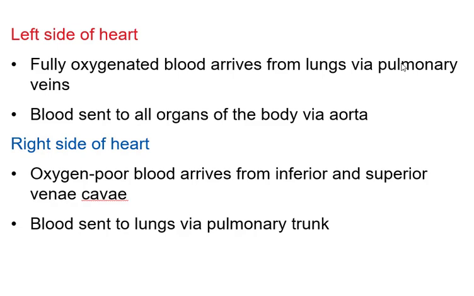So both halves are working at the same time, but they're doing something completely different with the blood. So maybe pause this recording and think about, okay, what's going on, what's going where? Because you really need to know how the heart is plumbed and know what's going on when we talk about the heartbeat.